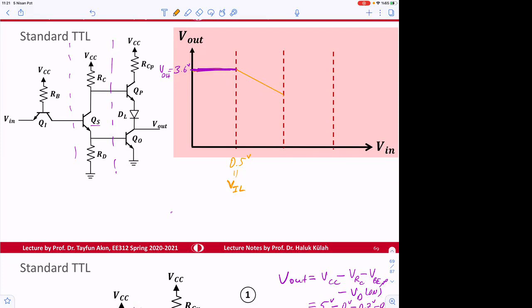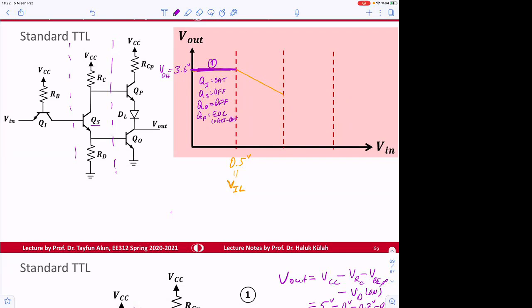Maybe we can write the states of the transistors here. In the number one case, the transistor QI was SAT, QS was off, QO is off, and QP is at edge of conduction, so it's between off and forward active.